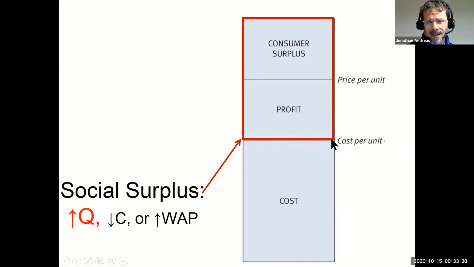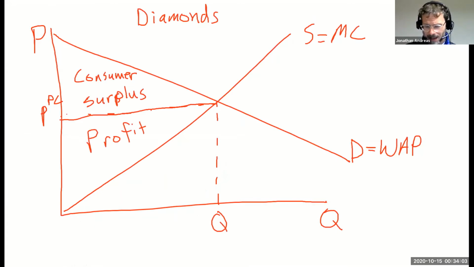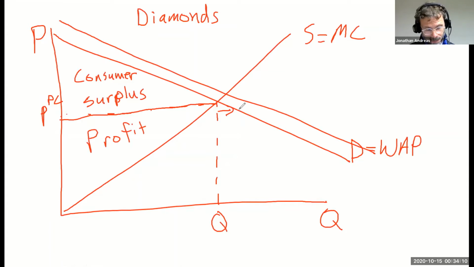So again, to increase efficiency, the main way you're going to do it is by increasing quantity. Anything you do to reduce costs is going to tend to mean that the profit-maximizing price also goes down. That will increase quantity. Similarly, if you increase the willingness and ability to pay, as you can see on our supply and demand graph over here, anything we do to increase demand is going to tend to increase the quantity.